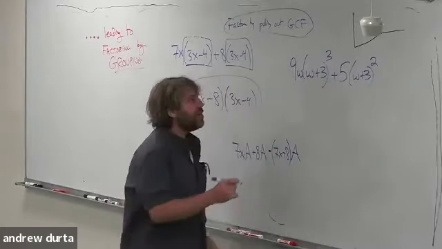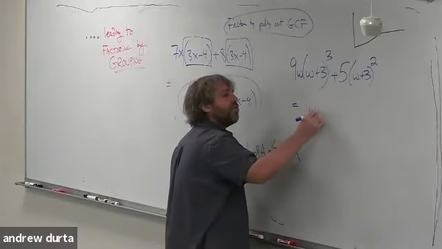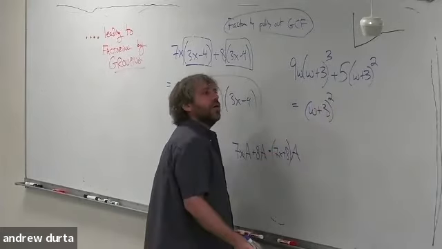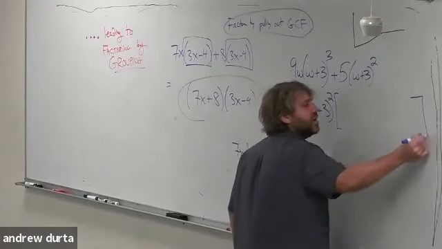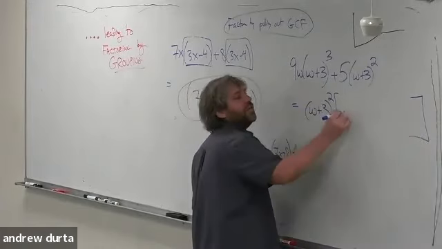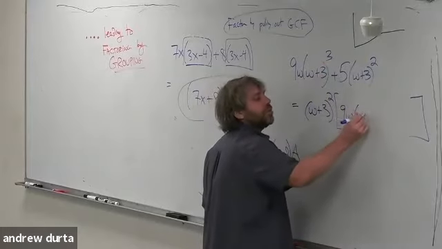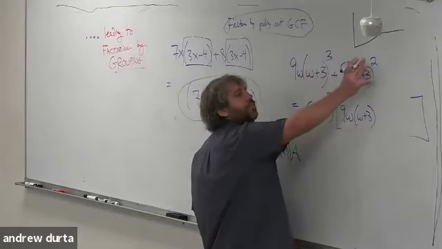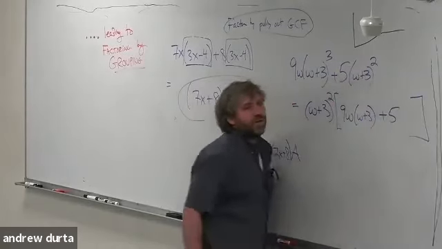So the greatest common factor is to pull out w plus 3 squared. And then what is left behind is the 9w that was there times the 1 more copy of w plus 3 that was there. And then out of here, you pulled out both copies of w plus 3, but you're left with 5.